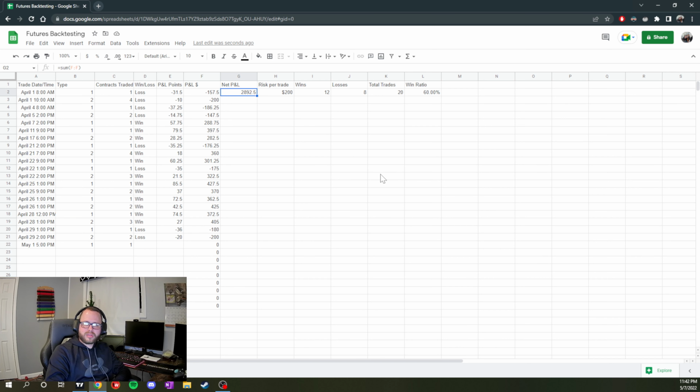For trading with an account of that size, risking $200 per trade and with zero trade management, that's perfectly acceptable to me. Everything about that's just like, oh yeah, cool, perfect. That to me is completely acceptable. You're only winning 60% of the time, you're making nearly 3 grand on a small account.